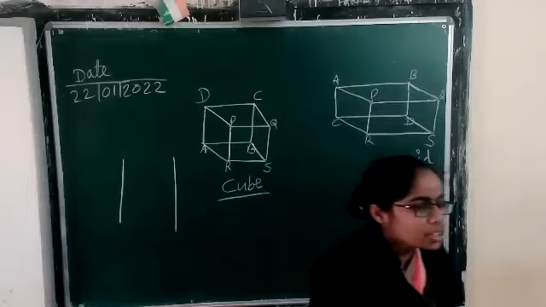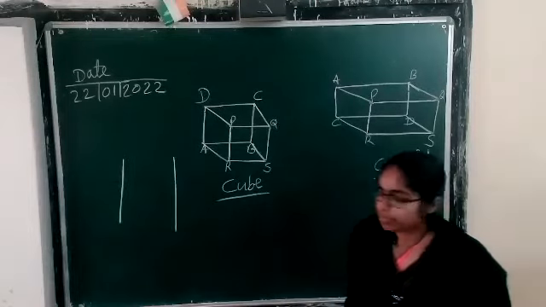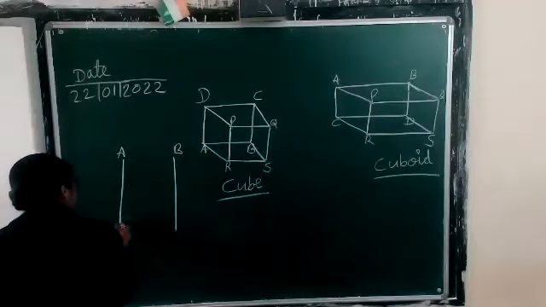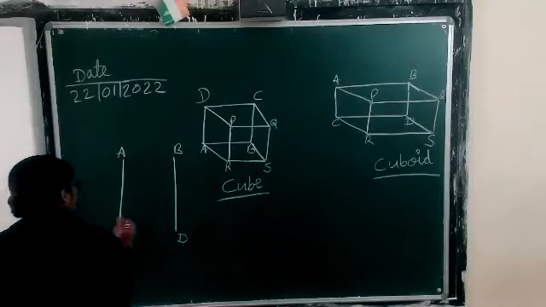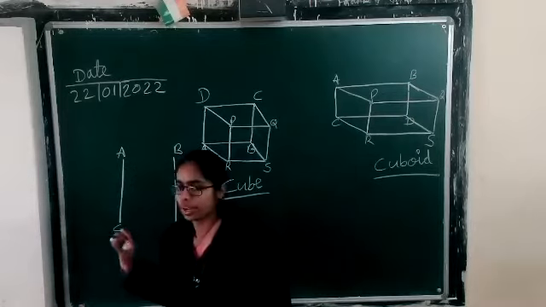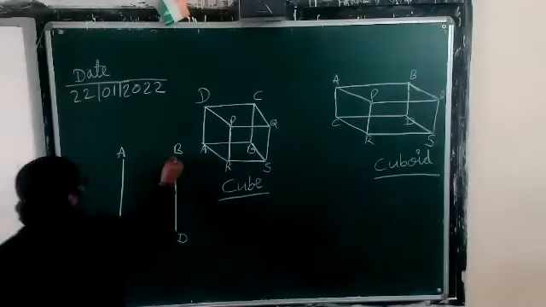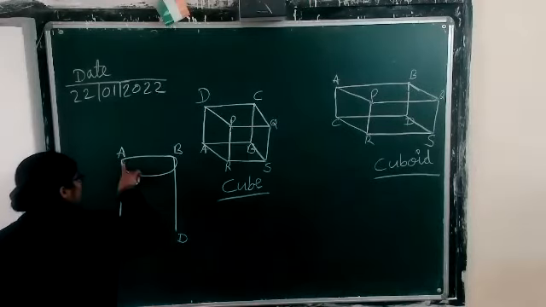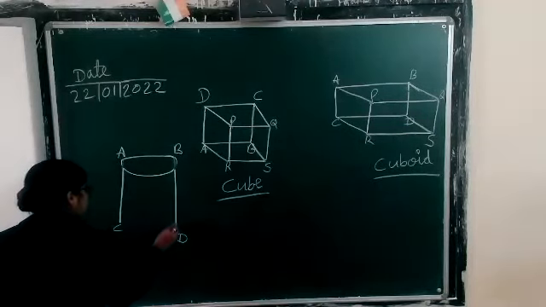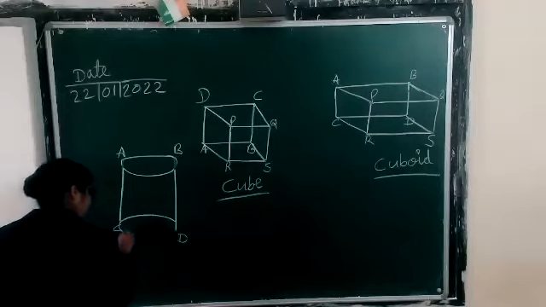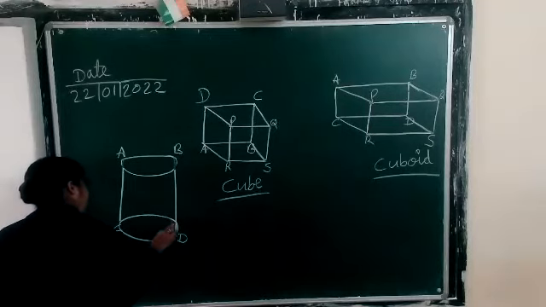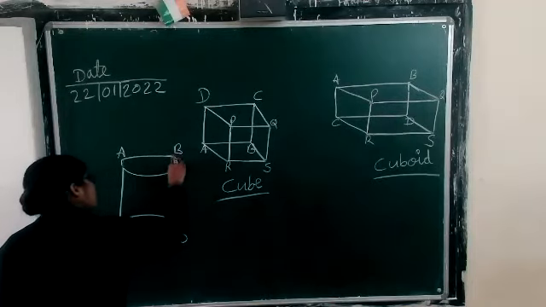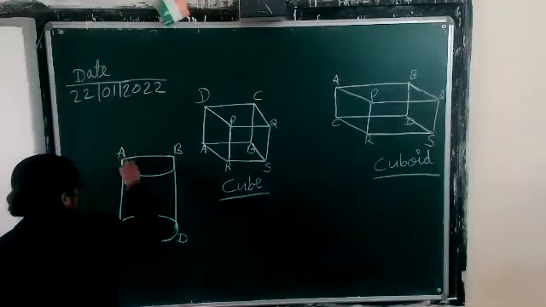After drawing the two lines, at the top you can give names A, B, C, D. AC and BD are the two lines here. You have to draw an oval shape on the top and you will get the cylinder. This is a cylinder.